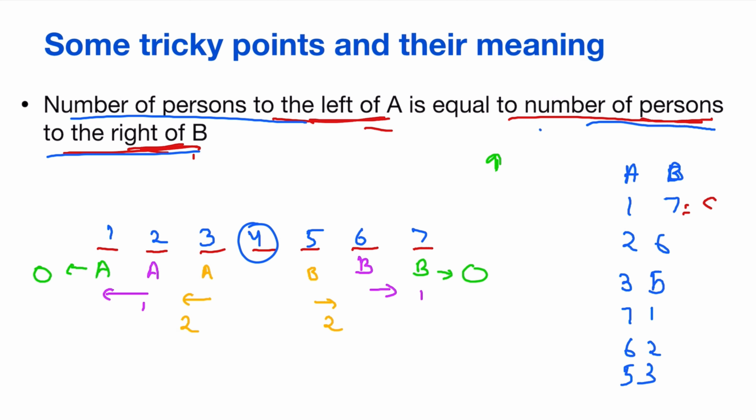So 7 plus 1, 8. 2 and 6 is 8. 3 and 5 is 8. So is 7, 1 and 1, 6 and 2 and 5 and 3. So if I add them, I always get 8. Right? Now let's assume that you are in the middle of a question.